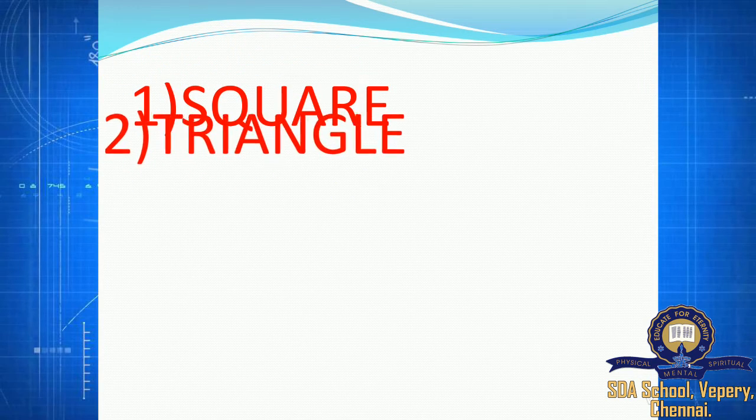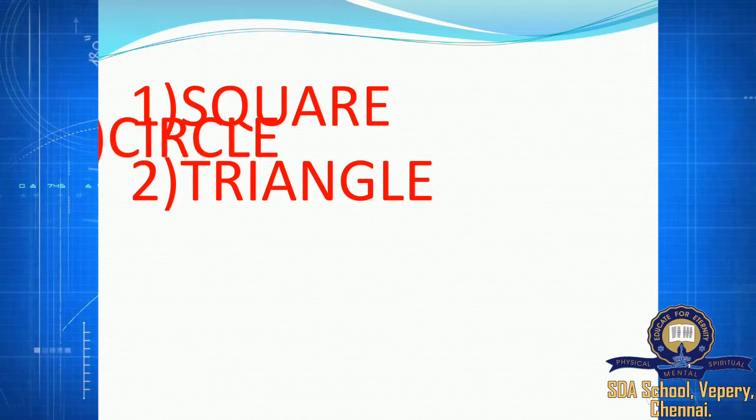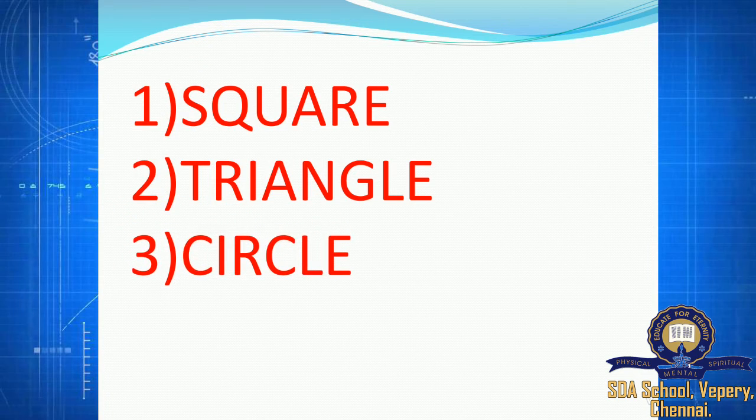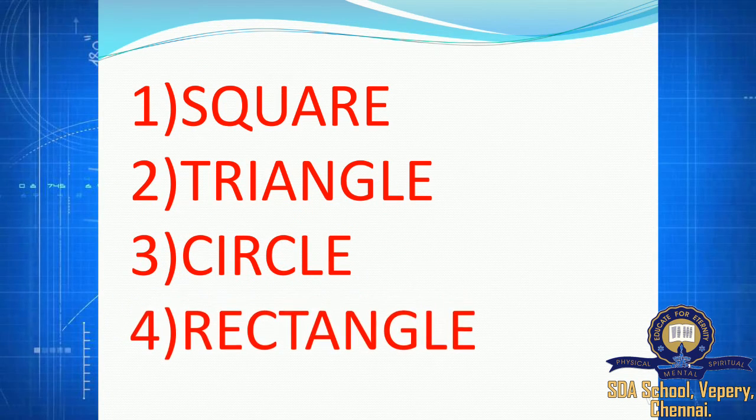Second is triangle. Third is circle. The last one is rectangle. Children, we will all learn these shapes and their specific features. Okay, let's get started.